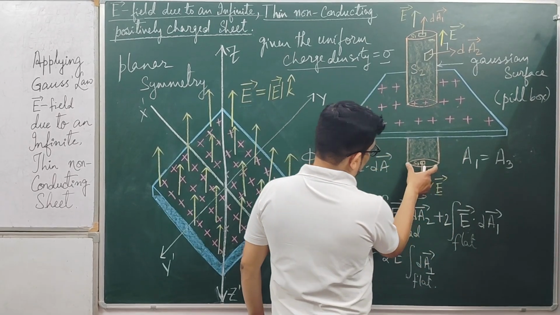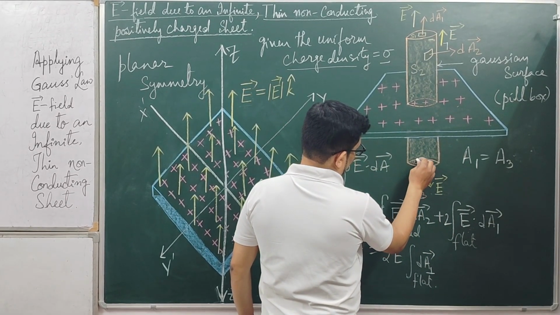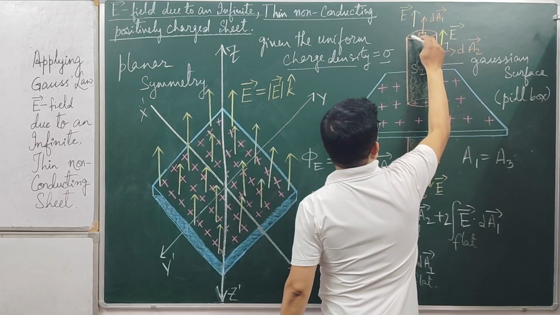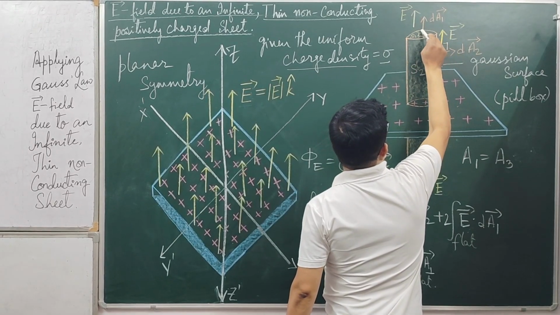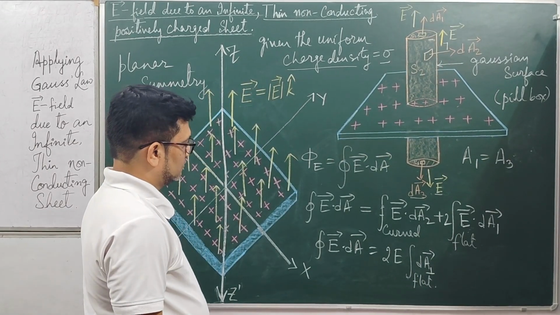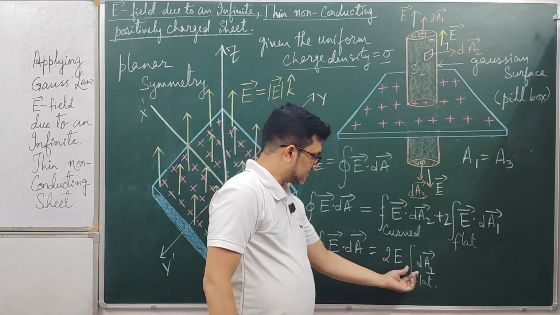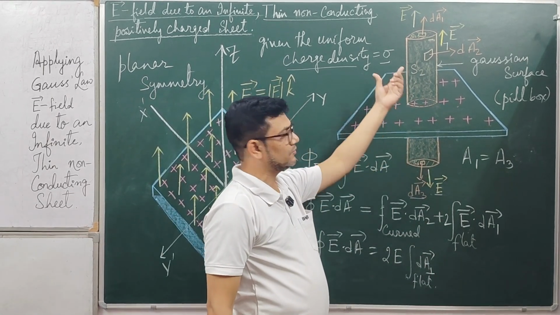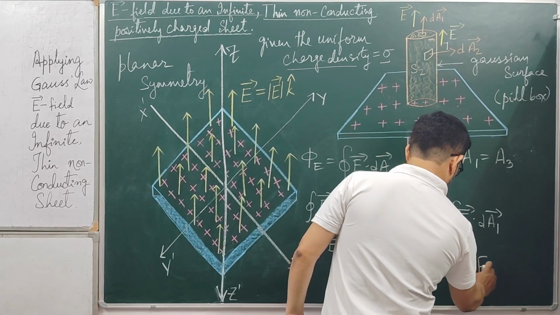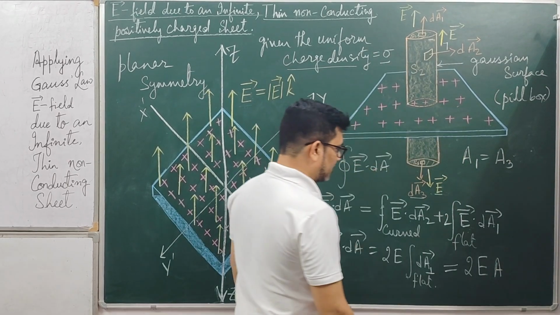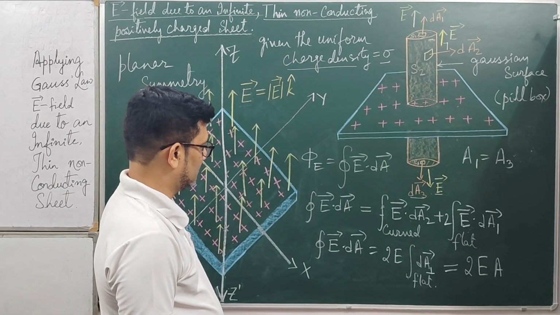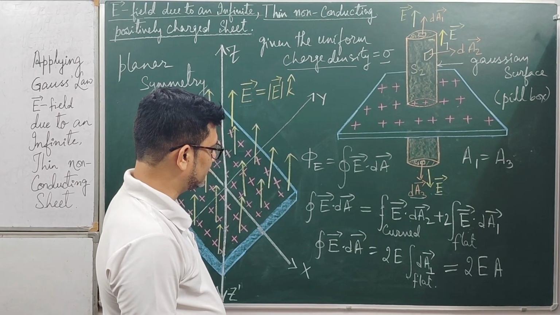If you evaluate the area of this, the complete surface area, then twice of this comes out to be the total area. The area of this is equal to the area of that. So since it's equal, it comes out to be 2EA, if you take the area of the flat surface as A. So twice of EA comes out to be the total flux.